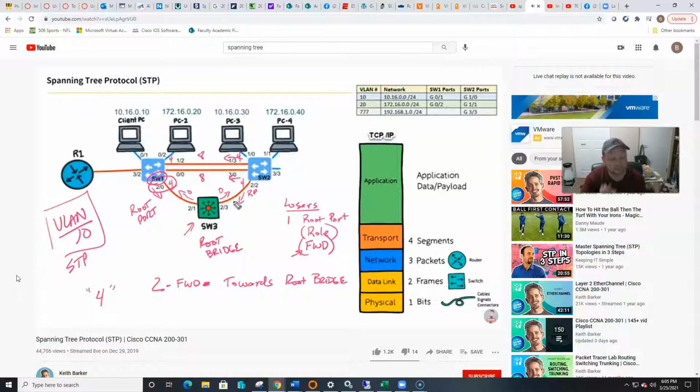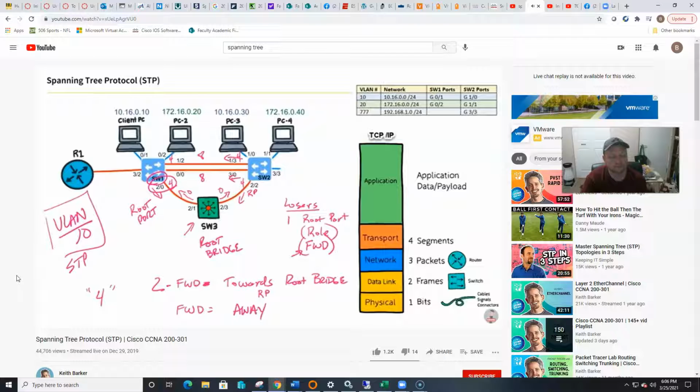If we have ports that are forwarding, and we have one per switch that's forwarding towards the root bridge, that's referred to as the role of a root port. There's also an option to forward away. What do you mean away? Well, if we have a port on a switch that's forwarding away from the root switch, it would look like this. Let me put a different color on here. Let me use blue. That'll work.